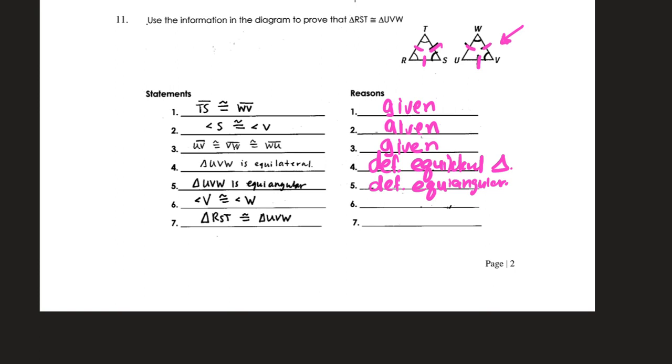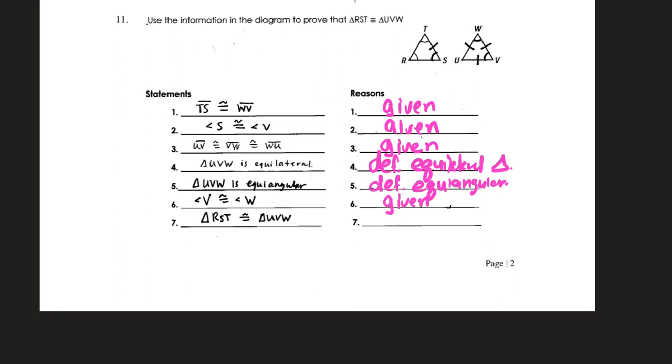It says here that angle V is congruent with angle W. That's given. So now the question is, how do I know that these triangles are congruent?